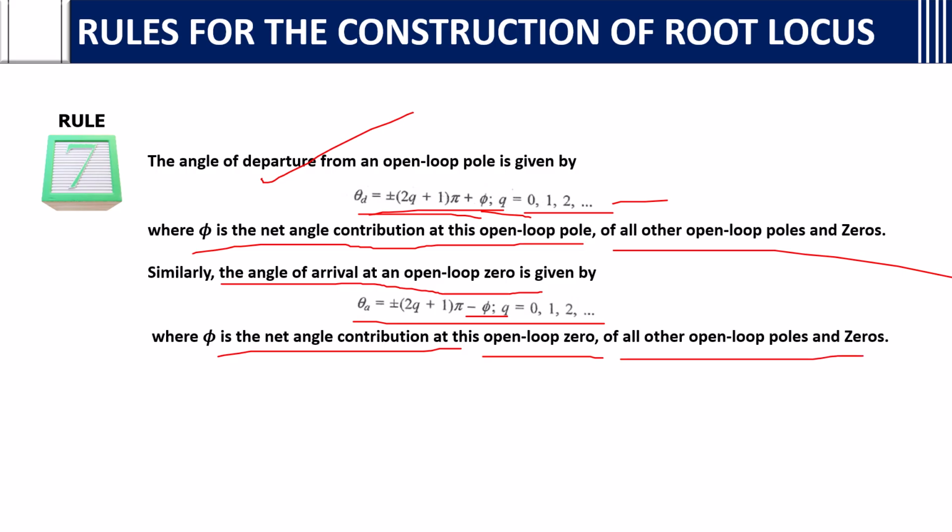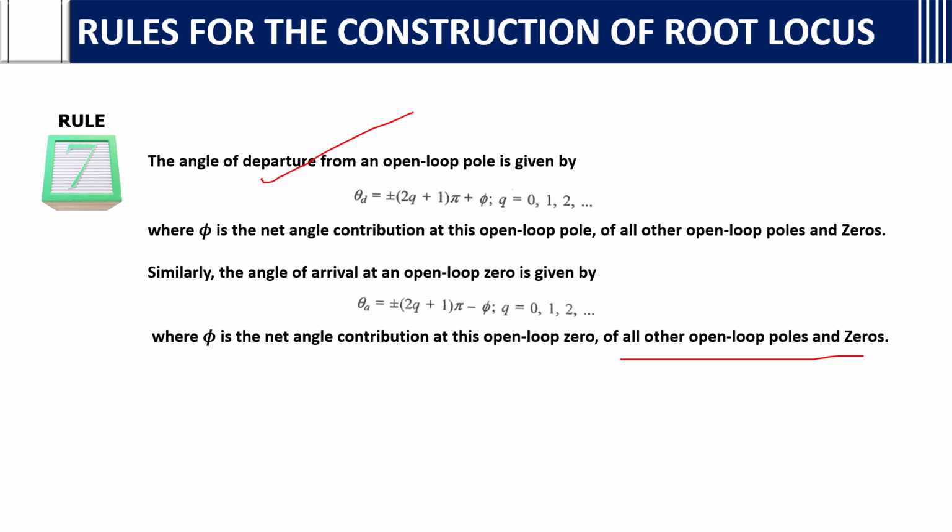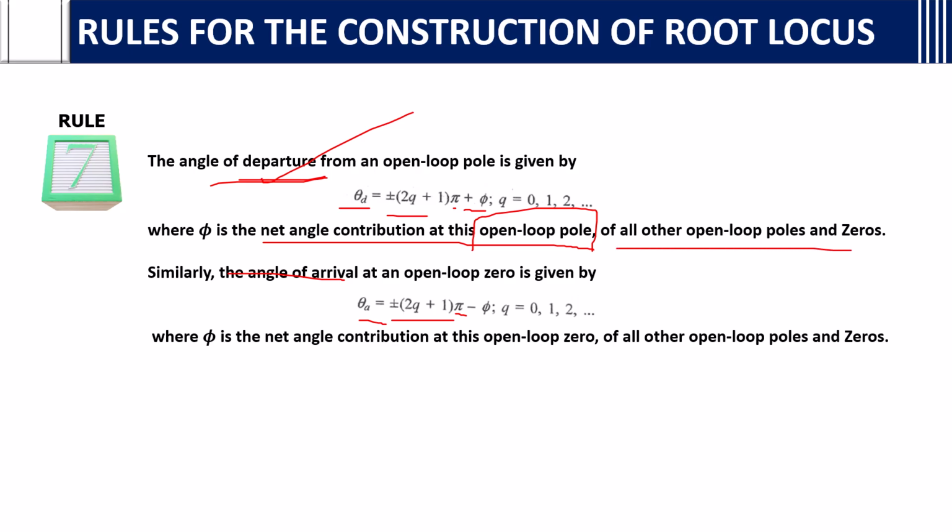You need to notice the differences whenever you are studying your subject. See the angle of departure and the angle of arrival, theta d and theta a. Here plus or minus (2q plus 1) is the same, pi is also the same. Here it is plus phi, since it is the angle of departure, leaving, the net angle at the open loop pole of all the open loop poles and zeros.